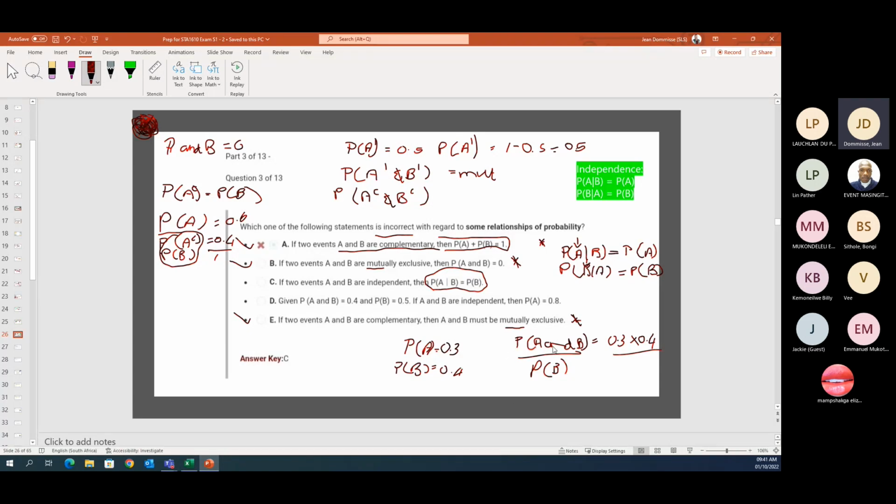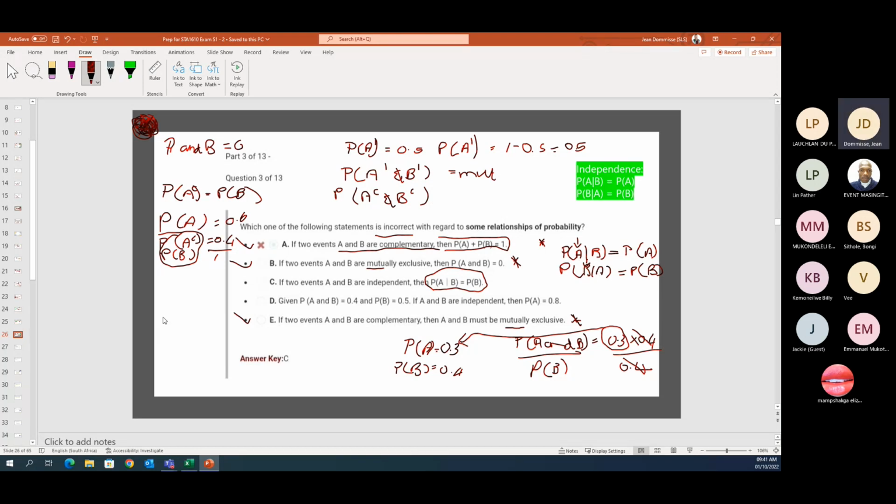So probability A and B divided by probability of B. Those two will cancel out. So what are you left with? The first one, the probability of A. So that's nearly how I remember it.